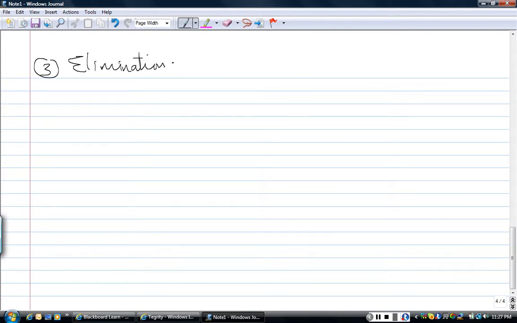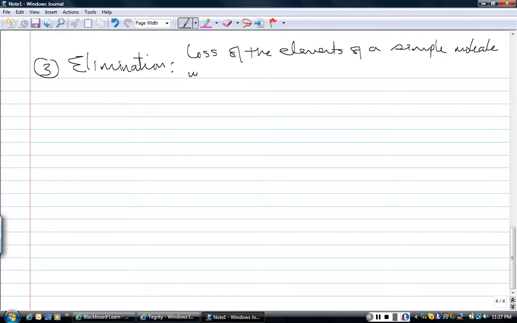And elimination reactions really are the reverse of addition reactions. These are reactions in which there is loss of the elements of a simple molecule with simultaneous formation of a pi bond.